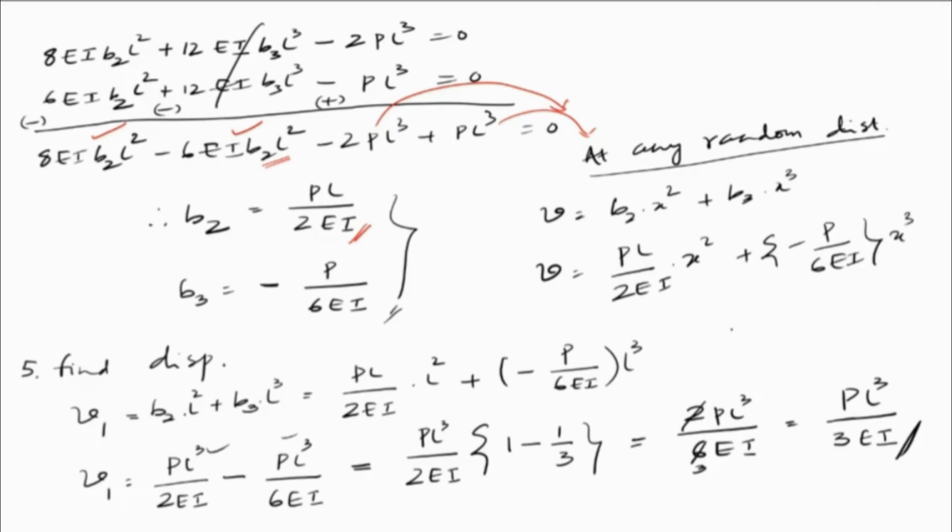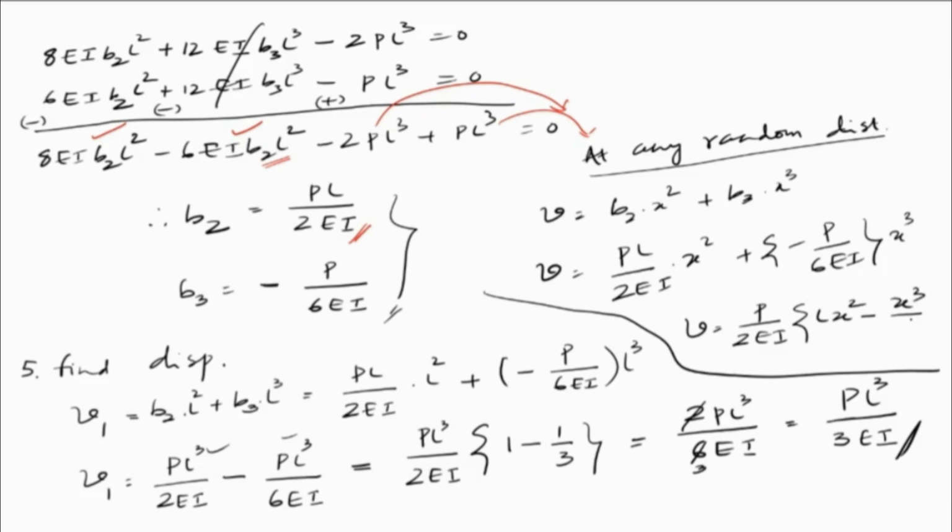Okay. So further simplification, what I am going to get here once again, you can take P divided by 2EI common. So my V is equal to P divided by 2EI. If I take it common, what is left out? L into X square is left out. Plus into minus, it is minus. P divided by 2EI you have taken. So it is X cube divided by 3.